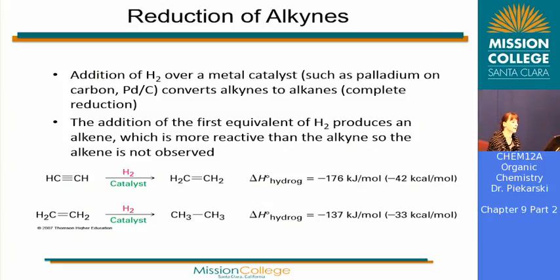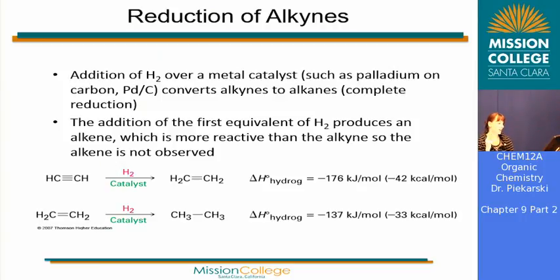You've done that already. If we do the same type of reaction with alkynes, using hydrogen over palladium on carbon, for example, once again, it takes alkynes all the way to alkanes. It's a complete reduction. We don't stop at the alkenes, okay? Knowing that there are so many reactions for alkenes, we'd want to have a way to stop at an alkene and not have to reduce completely to an alkane.